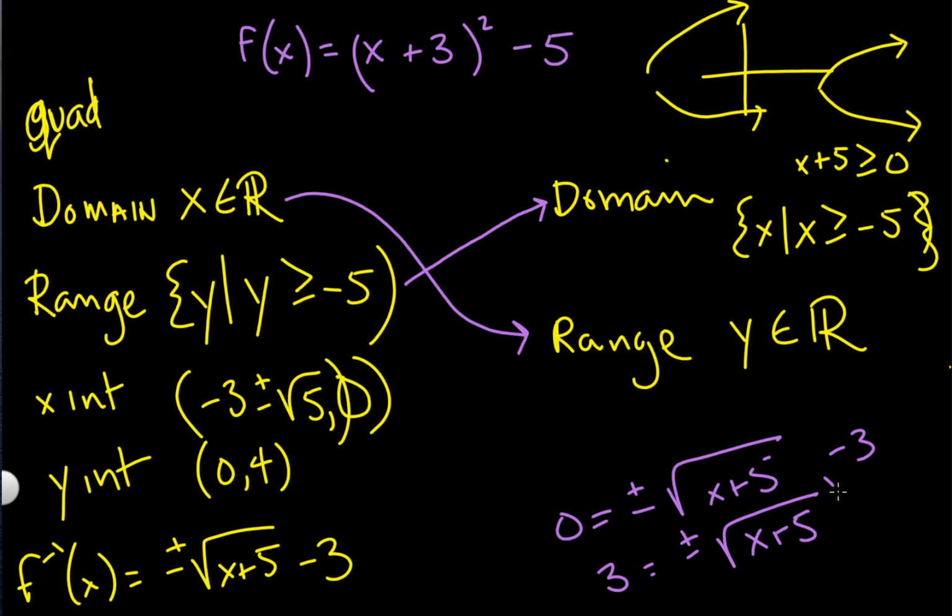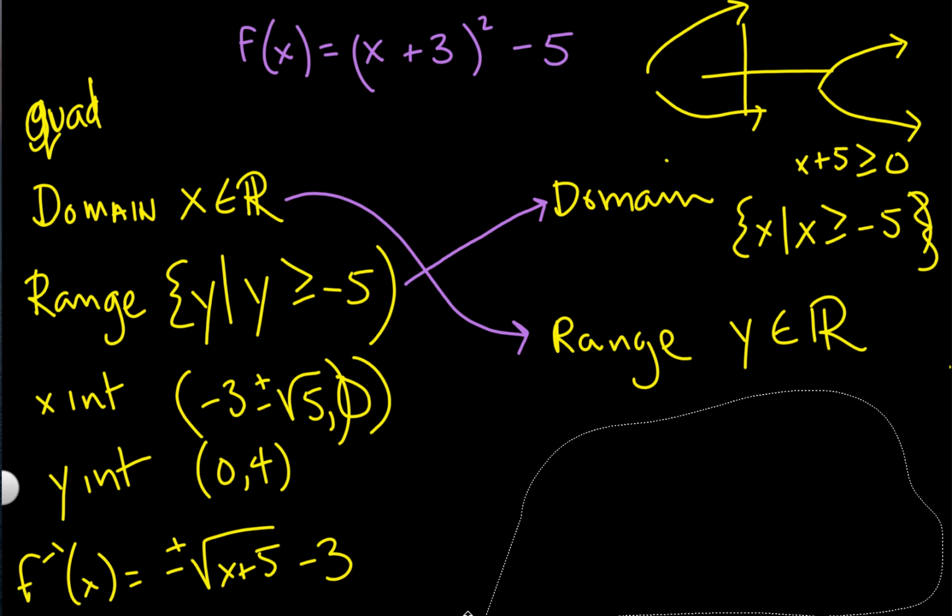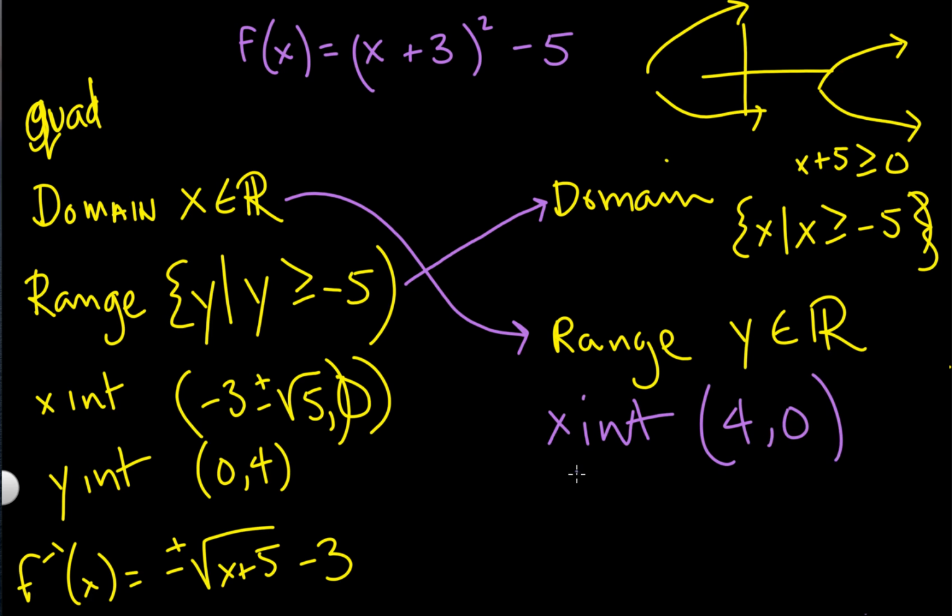And squaring both sides, this gives me 9 is equal to x plus 5, or we get x is equal to 4. So my x-intercept is going to be 4, 0.